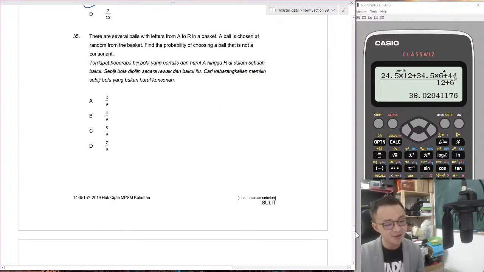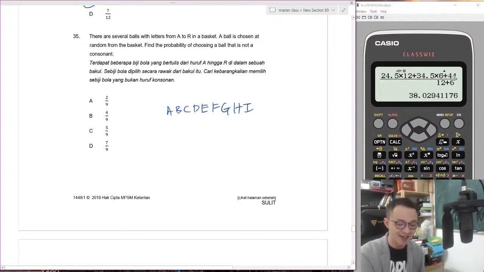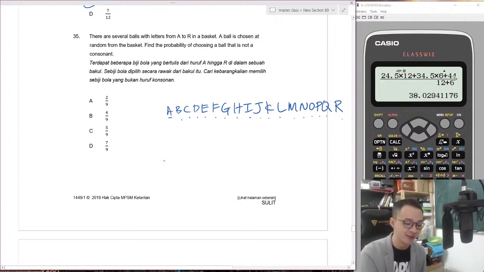There are several balls with a letter from A to R. A, B, C, D, E, F, G, H, I, J, K, L, M, N, O, P, Q, R. About 18 letters, right? 1, 2, 3 up to 18. The sample space will be 18.